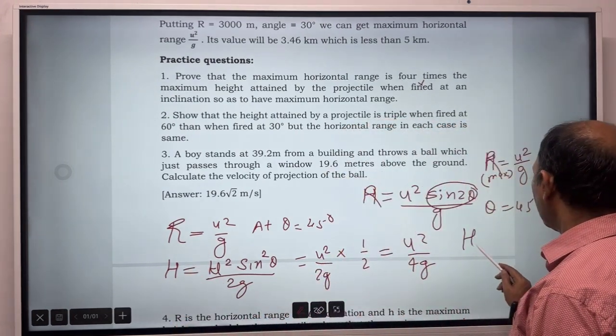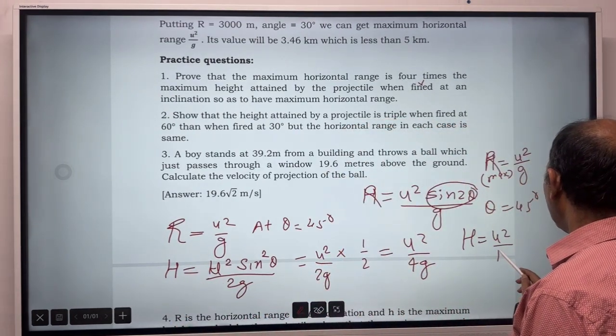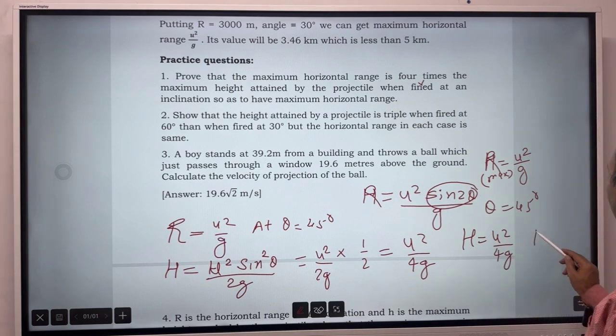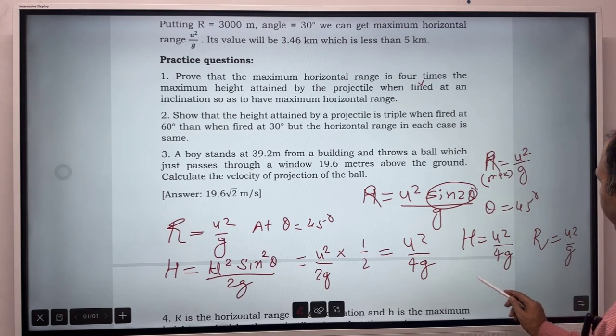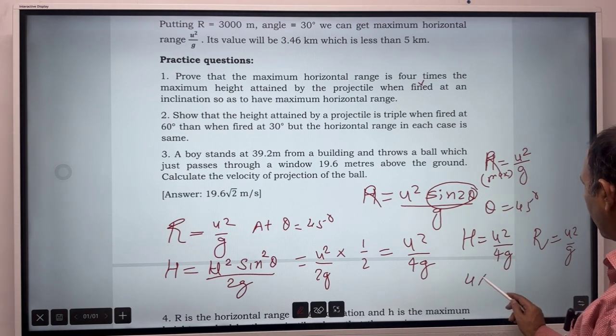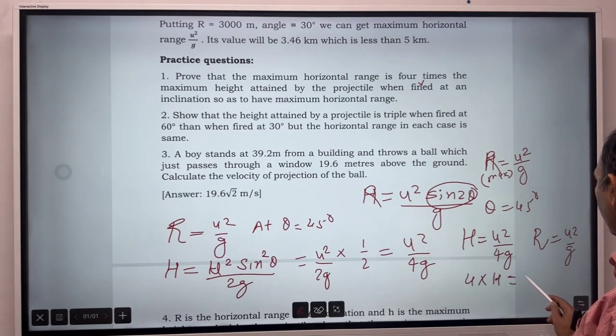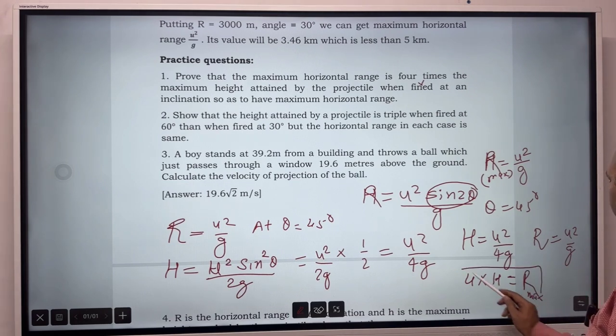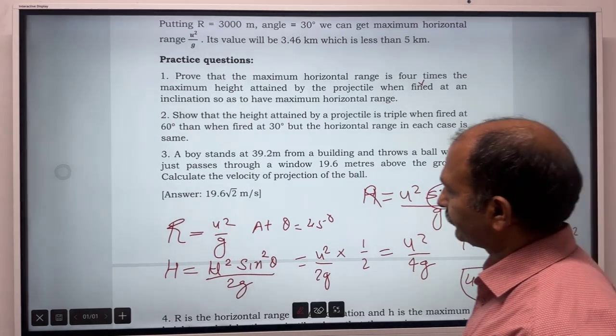So we have got h equal to u square upon 4g, and horizontal range is u square upon g. If you compare, you will get 4 times h is equal to the horizontal range, r max. I think you have understood.